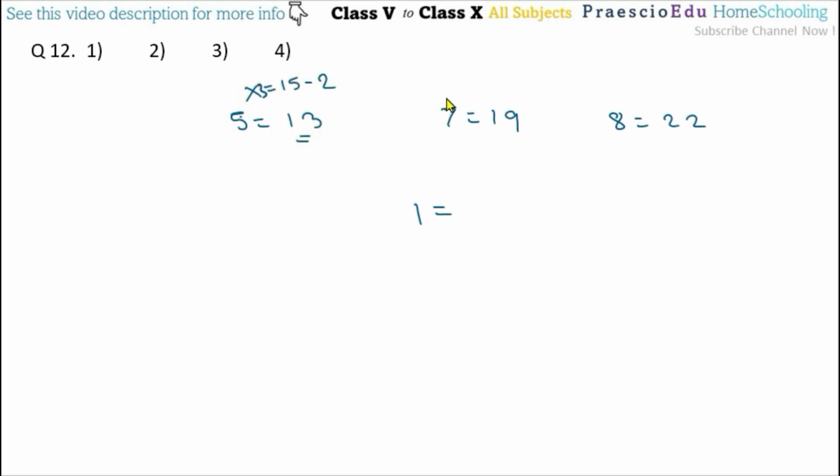Same, multiply 3 by 7, we get 21, and then minus 2, we get 19. Same here also, 8 multiplied by 3 is 24, and then minus 2 is 22. Same here, 1 multiplied by 3 is 3, and then minus 2 is 1. So the answer is 1, and 1 is given in option number 3.